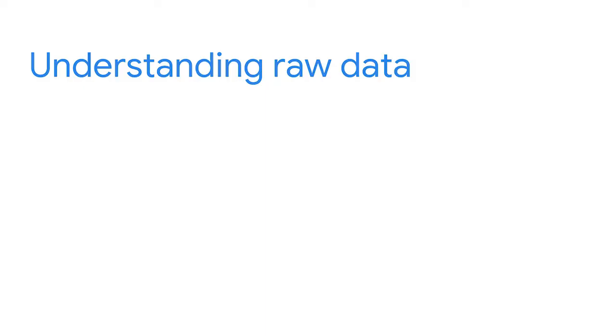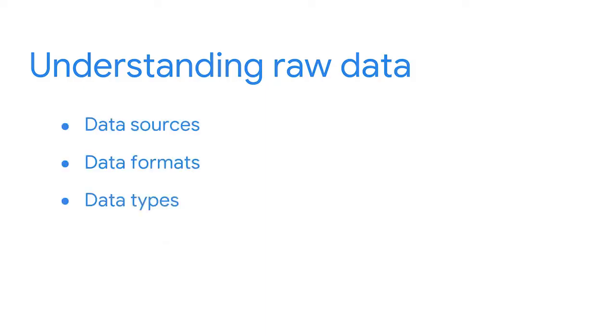In this video, let's focus on raw ingredients. As a data professional, you will be handling all kinds of different data in a number of different formats and file types. I will share with you the most common data sources, data formats, data types, and a few Python functions.